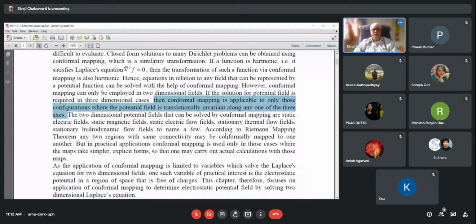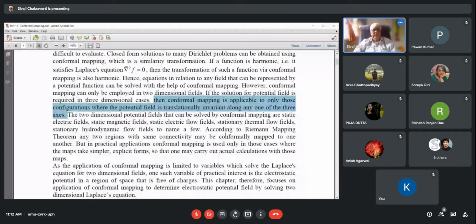Now, because of this property of conformal mapping, that the functions remain harmonic in the real-life function as well as the mapped function, it can be applied in many different areas, and some of these are mentioned here.